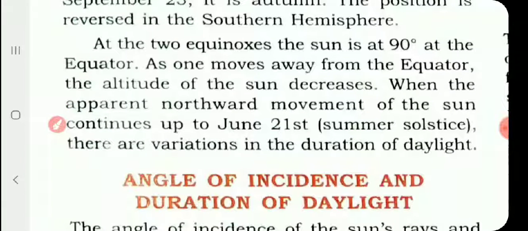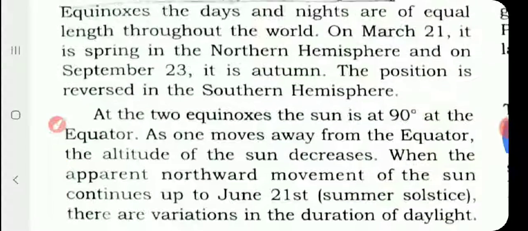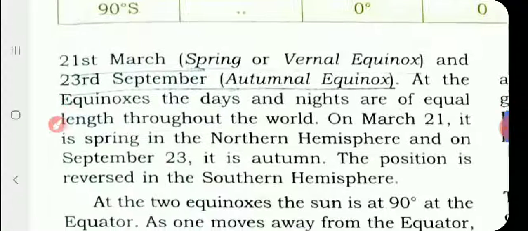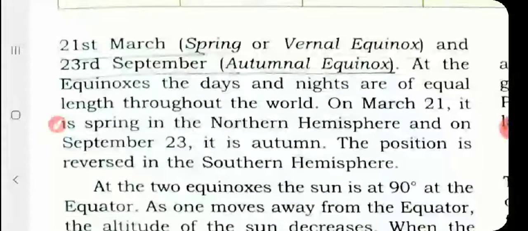The journey continues, and when it reaches 21st March, again equinoxes. From there the earth keeps on moving, and the sun is at the Tropic of Cancer on 21st June. Again, we are having the biggest day.